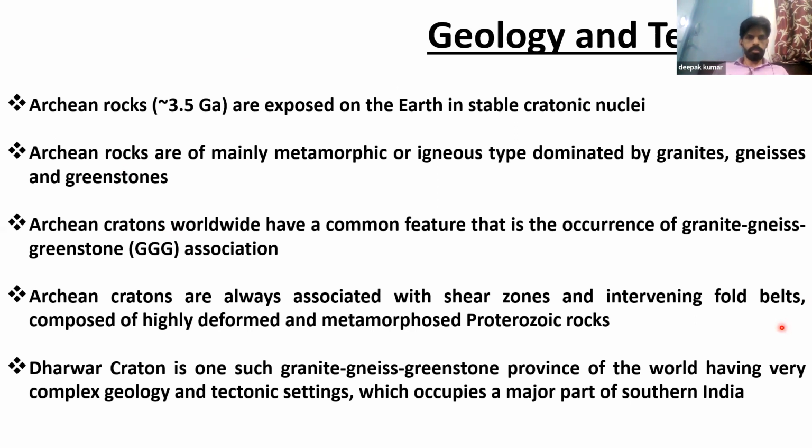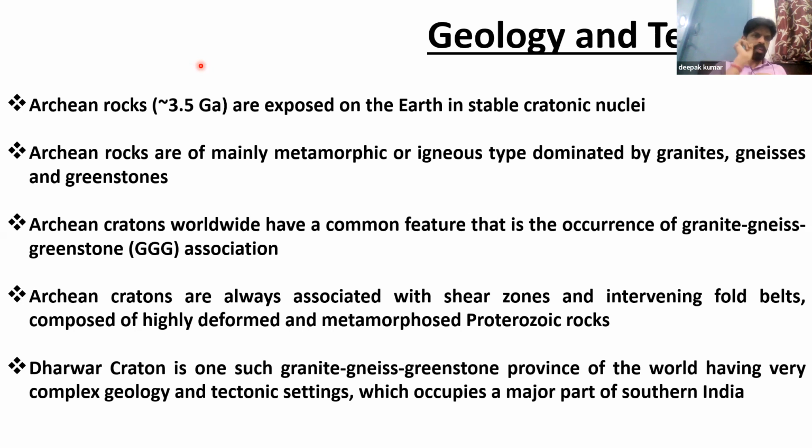The age of Archean rocks found across the globe is around 2.5 billion years. Archean rocks are mainly metamorphic or igneous type, and they mostly have granite, gneiss, and greenstones.